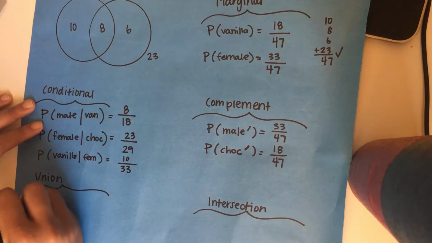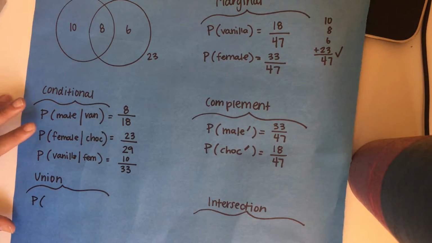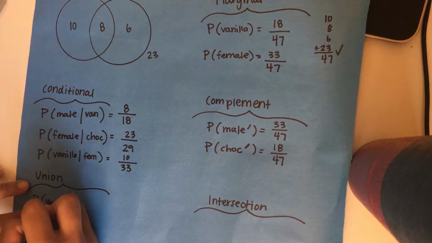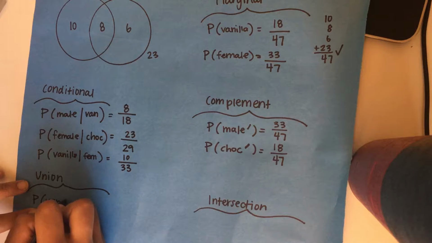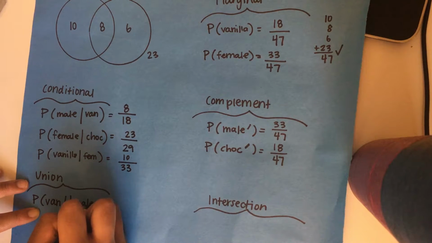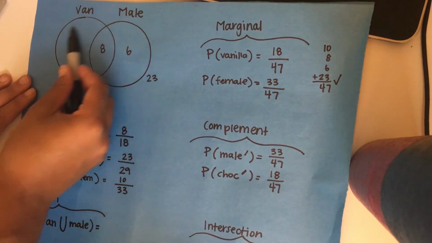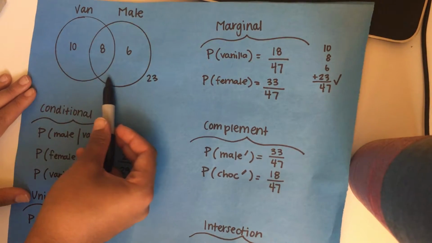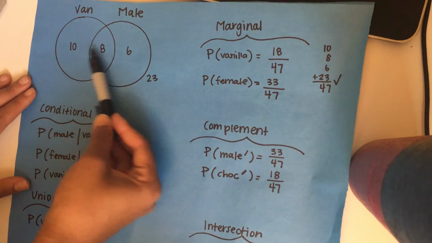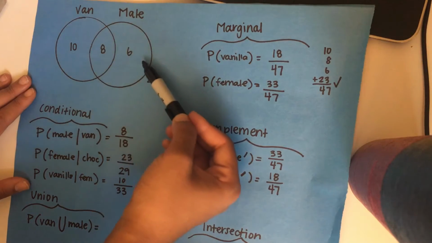Let's talk about a union. If we wanted to look at the union of people that like vanilla or are male, well, we're looking at this whole Venn diagram. We can see that these 10 and 8 like vanilla, and these 8 and 6 are male.